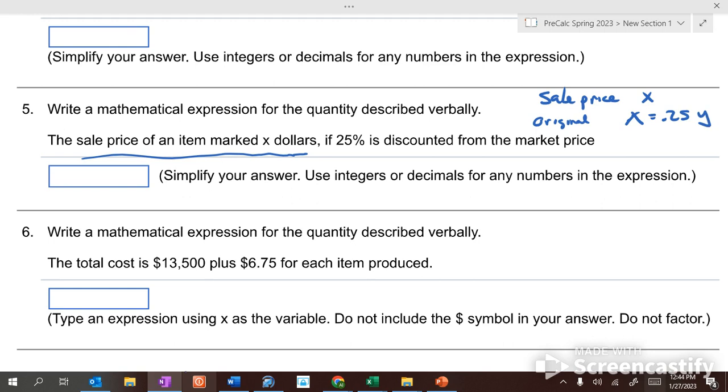So the sale price would be X divided by the original price. I'm not reading this right.